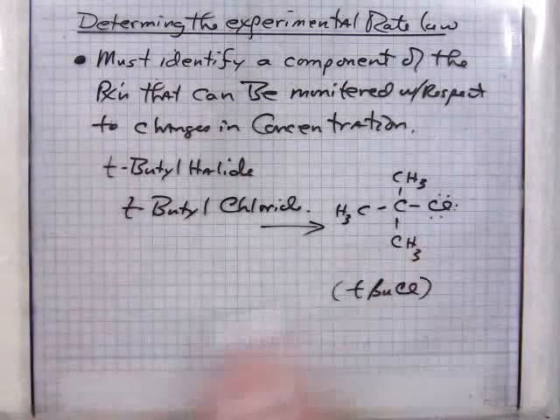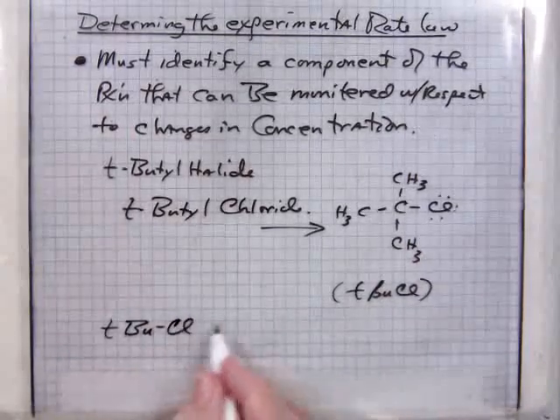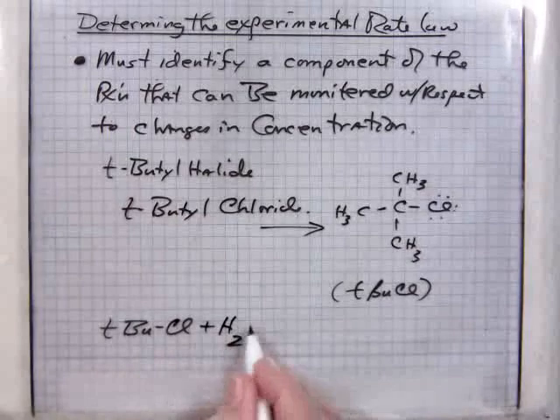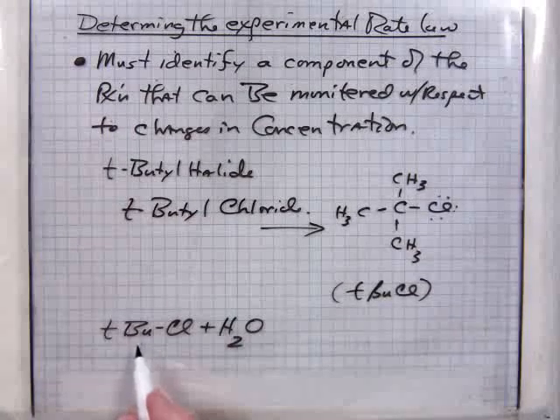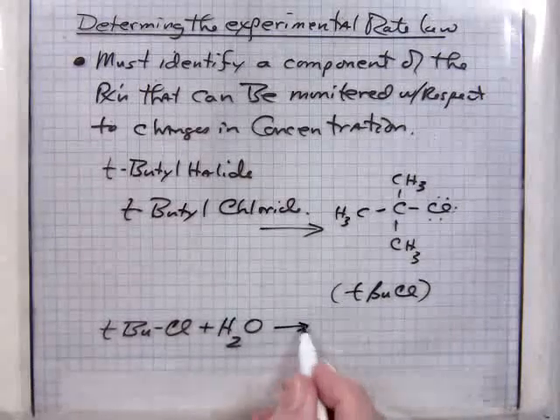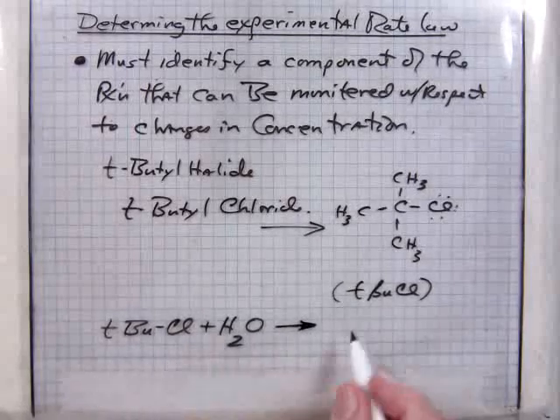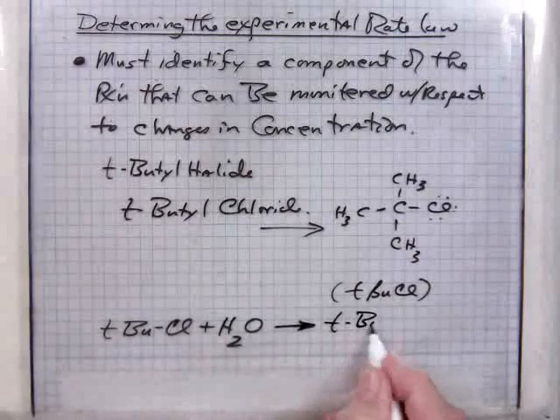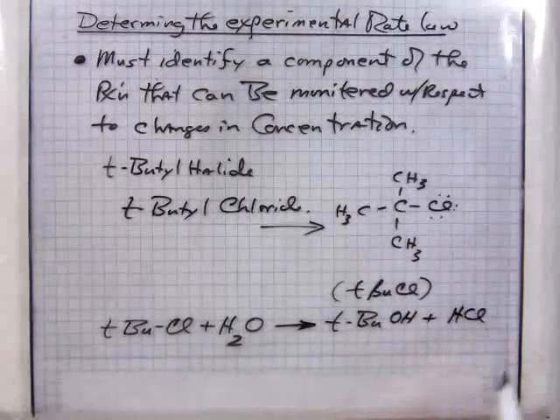Well, if I take T-butyl chloride and react it with water, in other words, I'll take a quantity, this comes in liquid form, maybe a milliliter of it, and inject it into, say, 50 milliliters of water. We'll repeat some of this Monday. What this does is it forms T-butyl alcohol and hydrochloric acid, HCl.